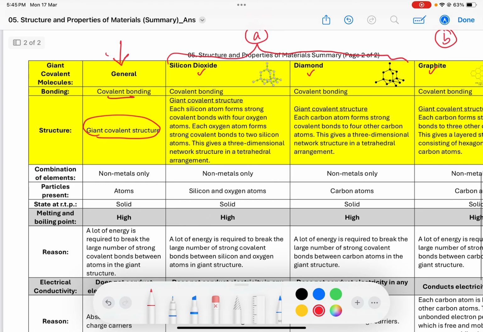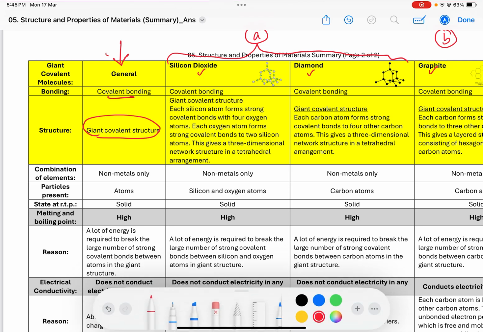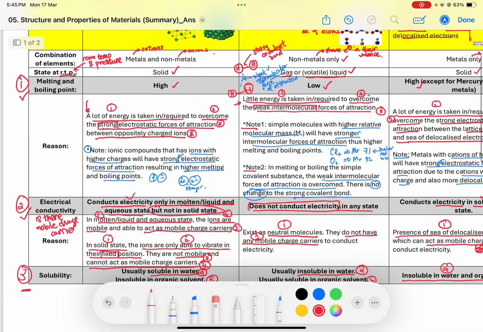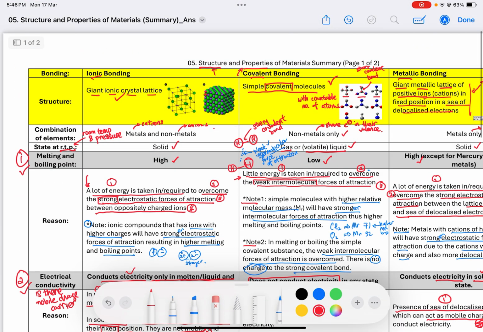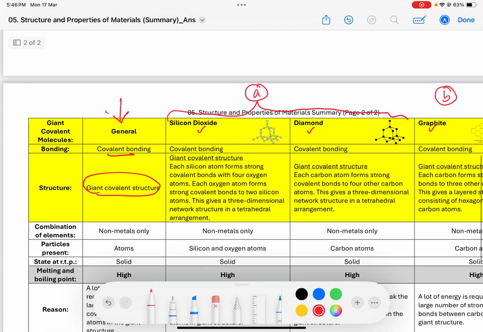In terms of covalent bonding, we have simple covalent molecules as one of the structures. There's a second structure that it can have, which is called the giant covalent structure. They exist as a giant molecule, so they're actually one big molecule.